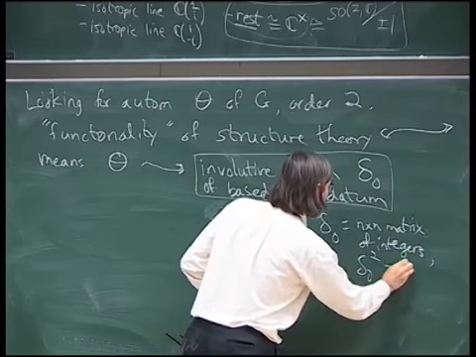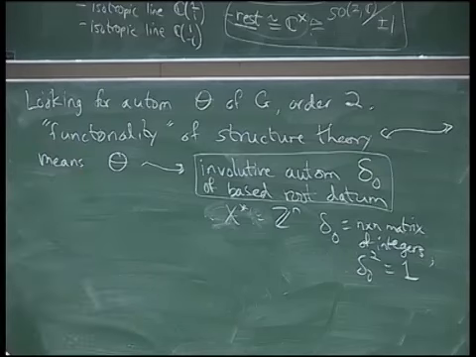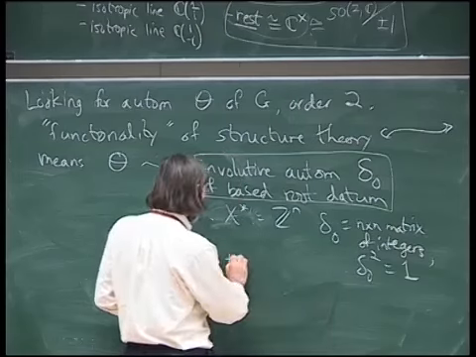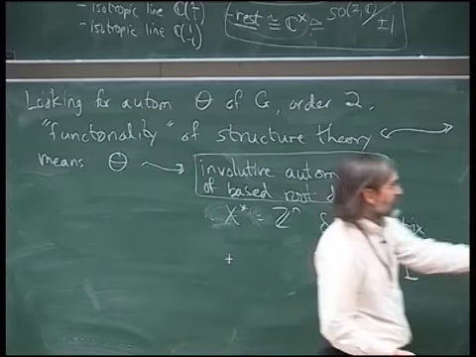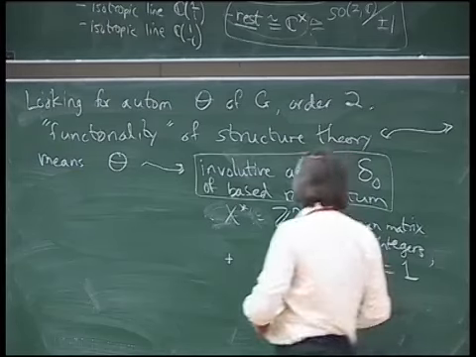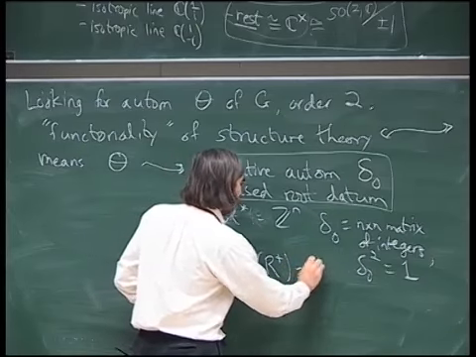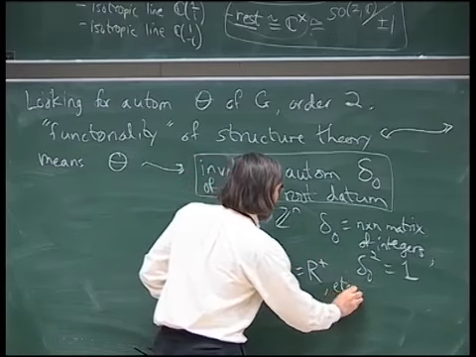Delta 0 squared is 1, but it's also supposed to have a bunch of other properties. It's supposed to preserve R plus and things like that.